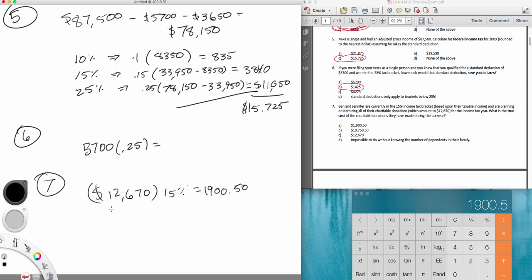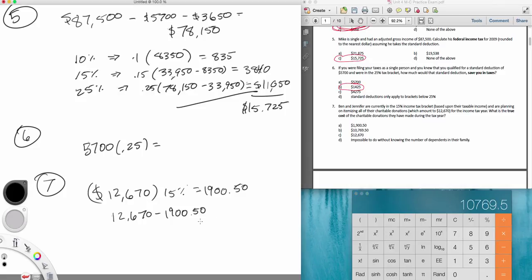Now the next step is to say, well, that's how much we saved, okay? So what's the true cost of what we paid? Well, to get that, you're going to take how much you paid and subtract how much you saved, okay? So we get $1,900 back in taxes. So technically they paid $12,670 to the charity, but they're going to get $1,900 back in taxes.